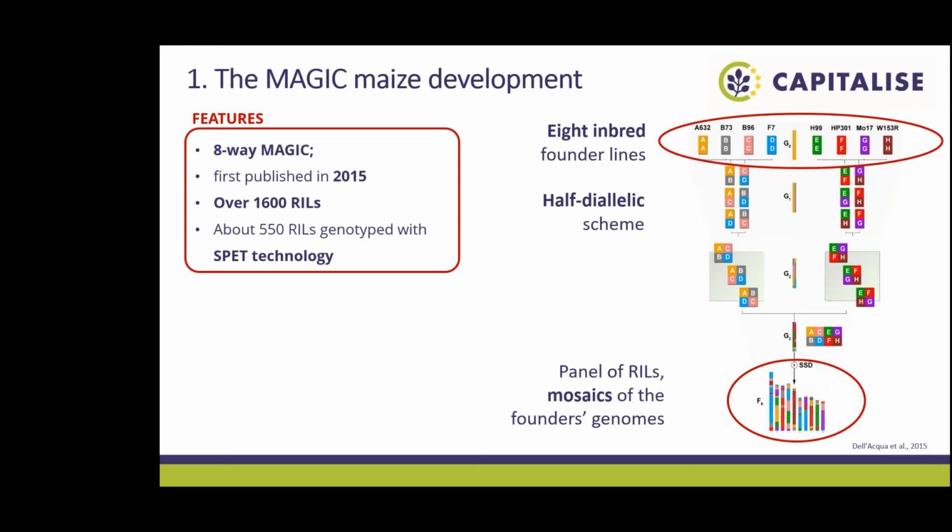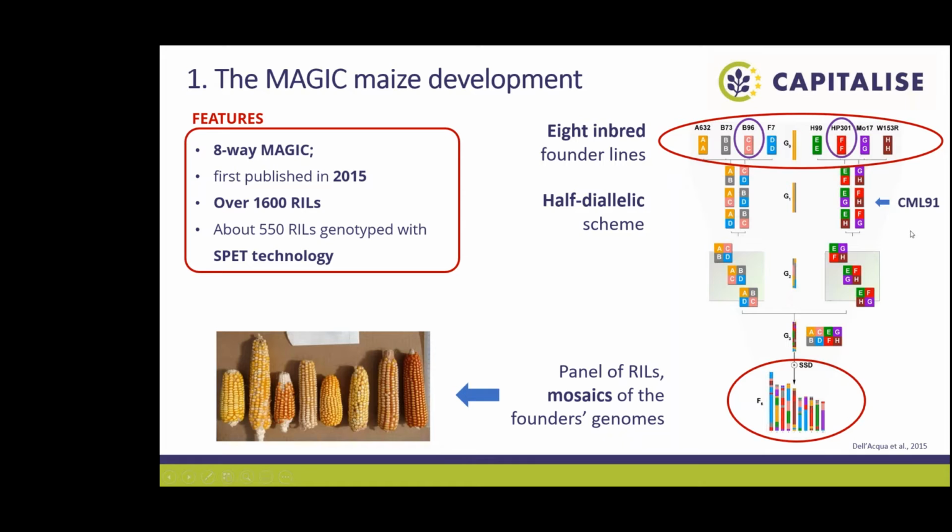Then the 2-way hybrids were crossed to produce 4-way hybrids, and then in G3, the 4-way hybrids were crossed to produce 8-way hybrids. And then the progeny of the 8-way hybrids was selfed for many generations to create recombinant inbred lines that are actually mosaics of the genome of the initial founder lines. And here you see the 10 chromosomes of one individual as a sample.